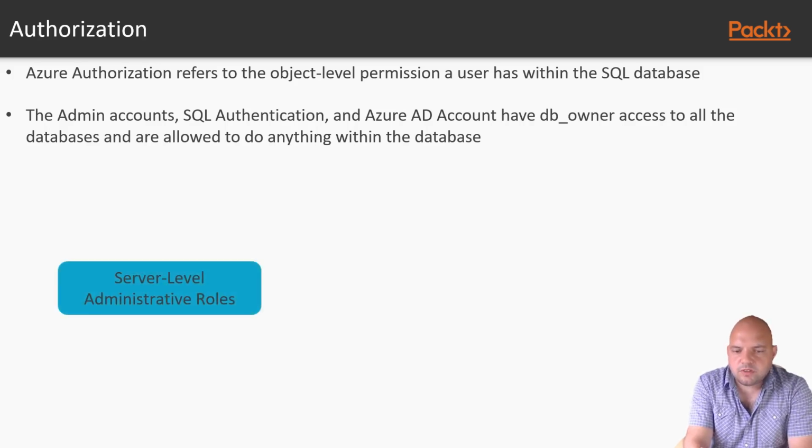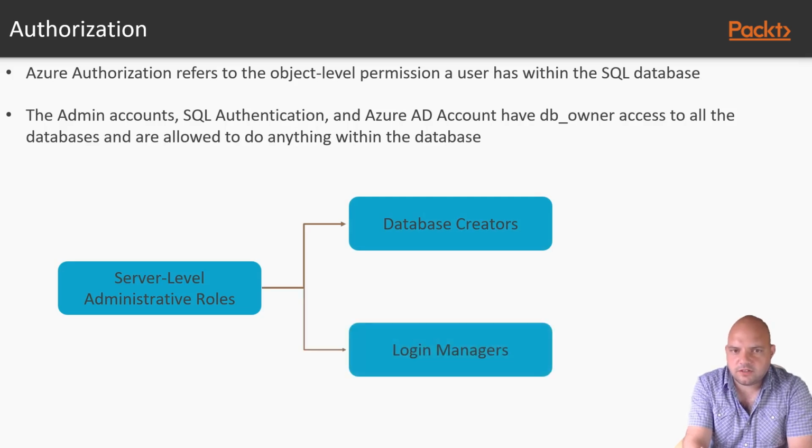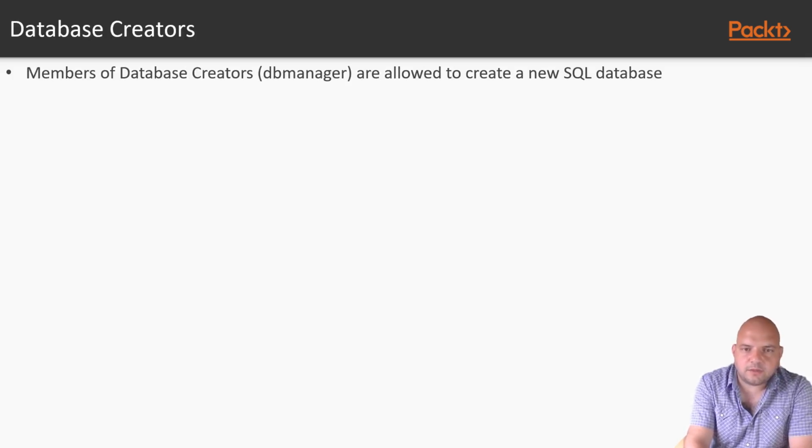Server level admin roles. There are 2 additional server level administrative roles: database creators and login managers. Let's start by looking at database creators. Members of the database creators role, as the name suggests, are allowed to create new SQL database.